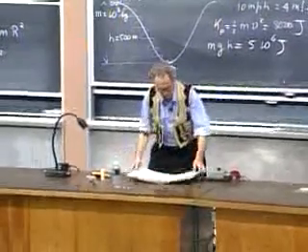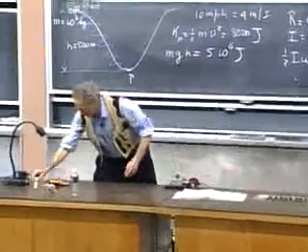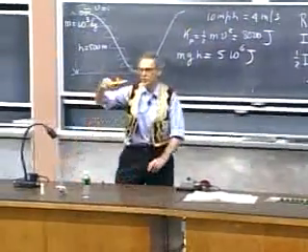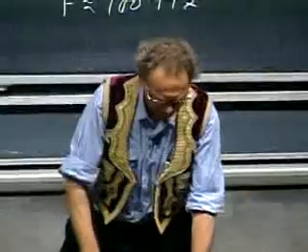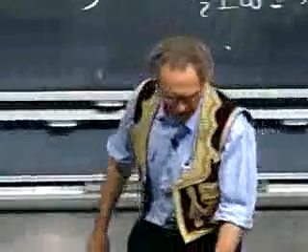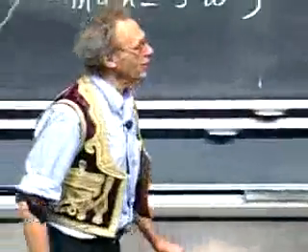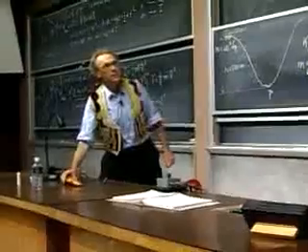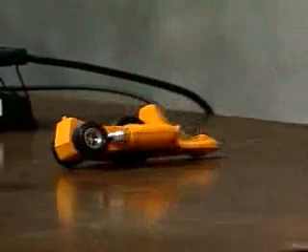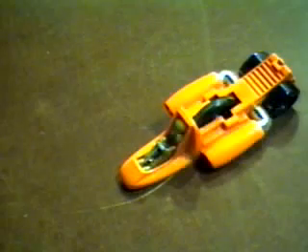I have here a toy car. I'll show it on TV first. This toy car has a flywheel. Can you see it? The flywheel itself is the wheel of the car. But the idea is there.